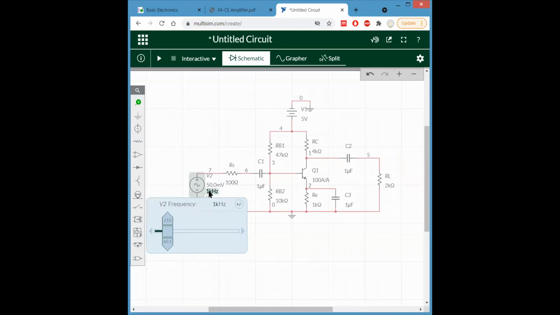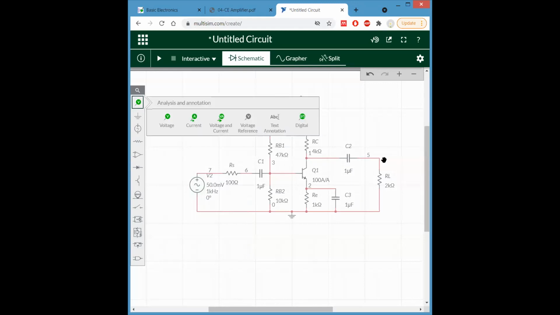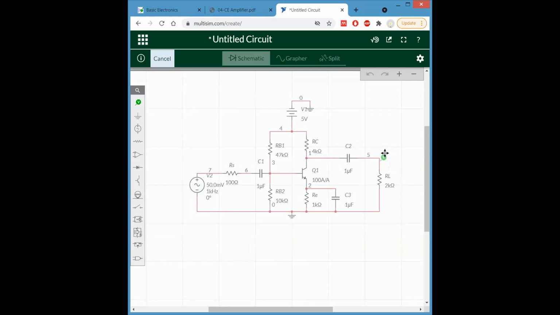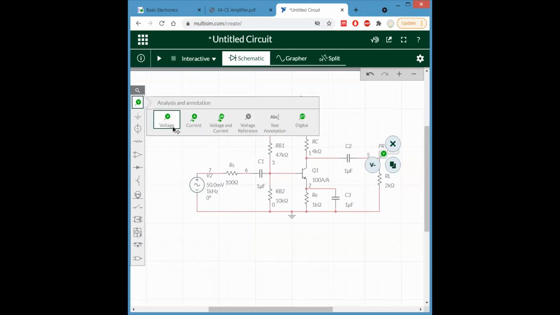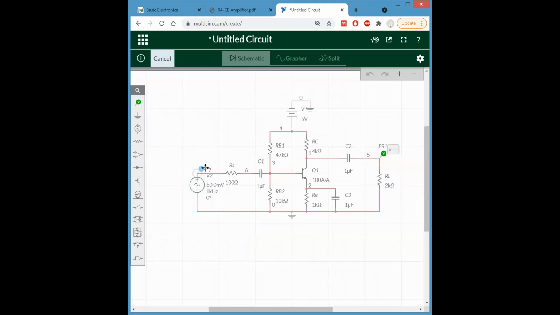Now we will vary the frequency of the signal, and we want to measure the voltage at this terminal, and also the input. So we want to measure the input and output.